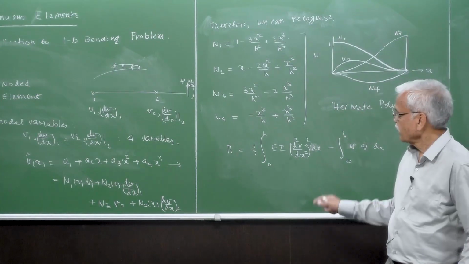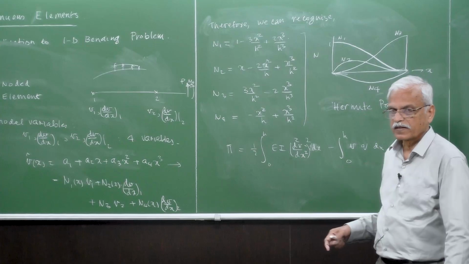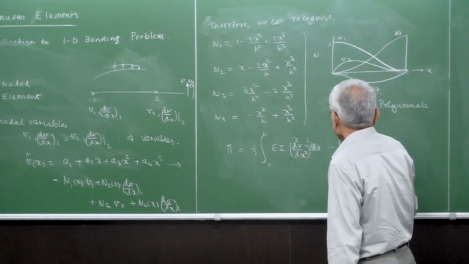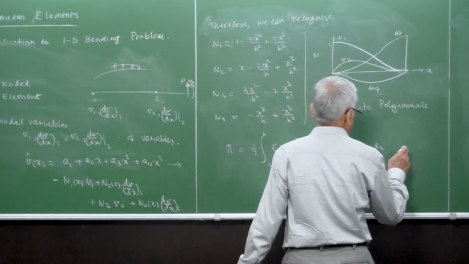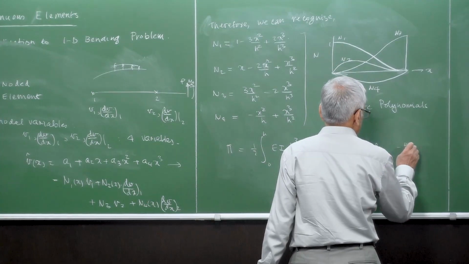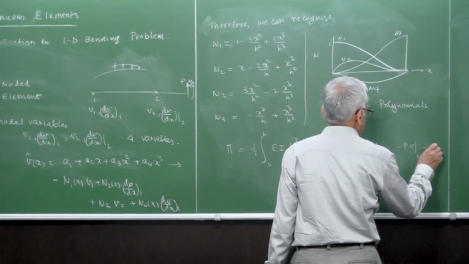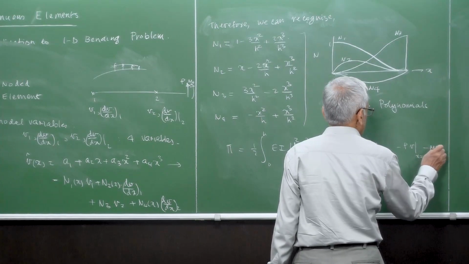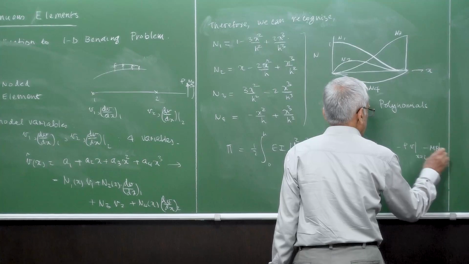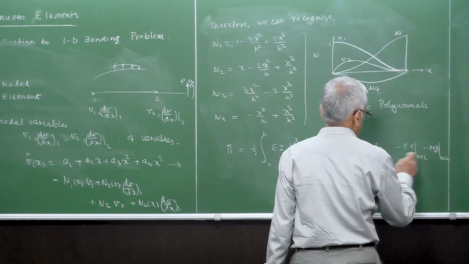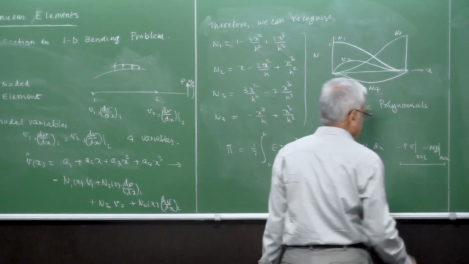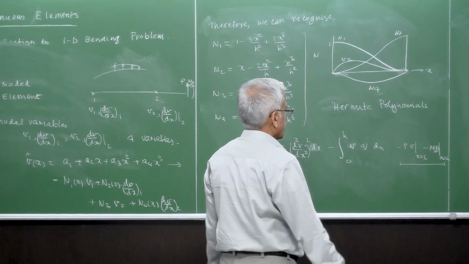That will also add into the potential energy, acting only at the end. Something like P times V at x equal to L and m naught times theta at x equal to L. These things can be added towards the end at the nodes.